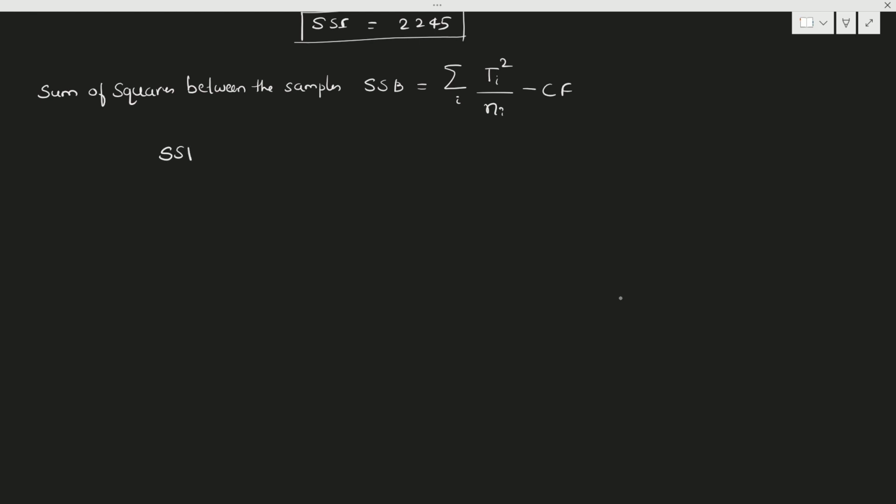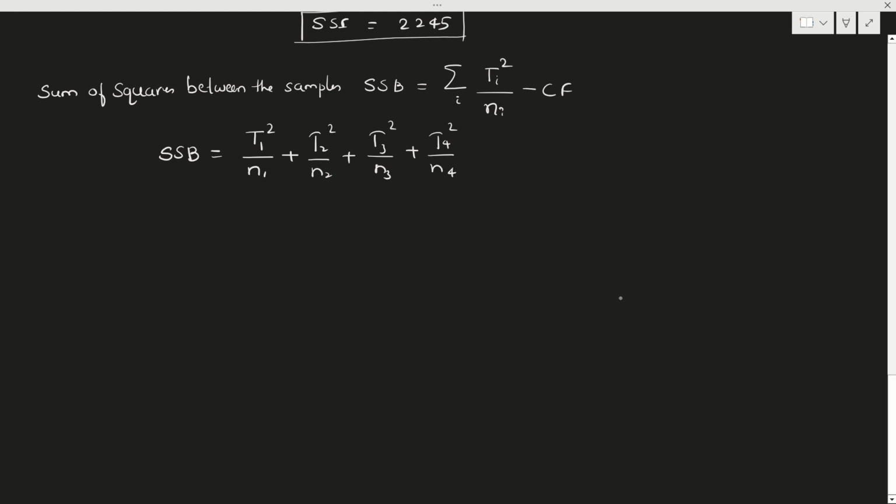So SSB is T1 square by N1, plus T2 square by N2, plus T3 square by N3, plus T4 square by N4, minus 48.